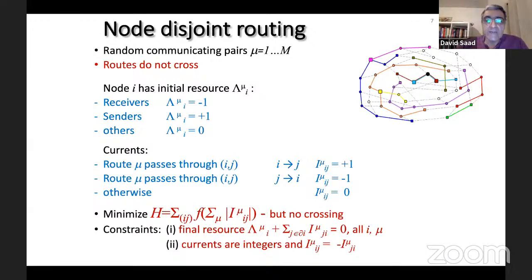One constraint is the fact that locally the resource on each node and each message is 0, which is in a way trivial. Because if you're a node and you're receiving a message, you are passing a message and no other message passes through you, then the overall remaining resource is 0. If you're a source or destination, you either send out a message or receive a message. And the currents are integers, and I_ij is -I_ji.